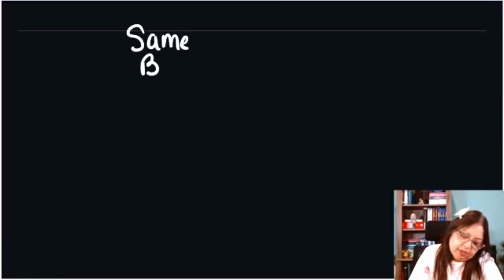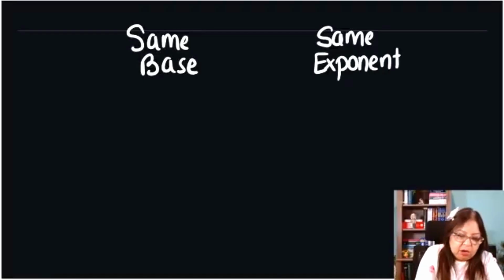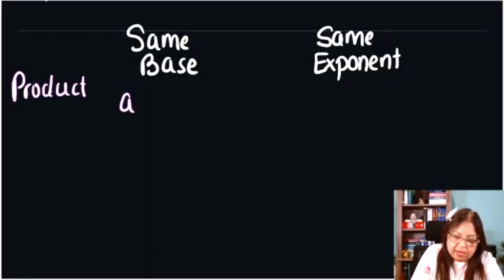Same base, same exponent. These are the two possible categories. Now, when we talk about the product here, base is same. That means we have a, however many a's.